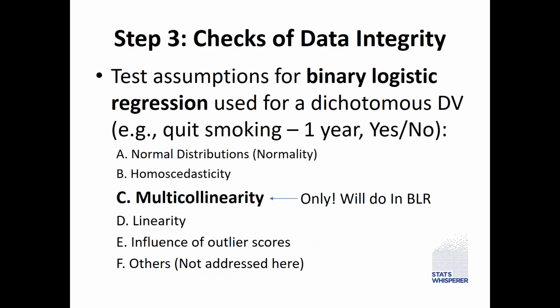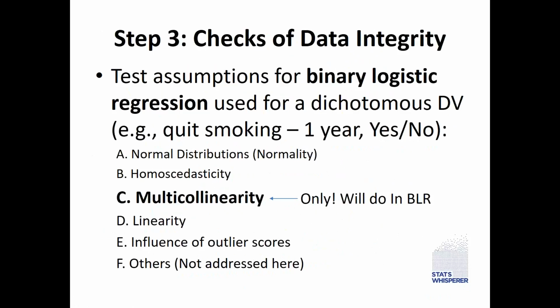Now, here's my point. This is the point of all this. The test assumption that we need to check for with binary logistic regression is essentially multicollinearity. So A, B, D, E, and F, we don't need to pay attention to, at the same level anyway.